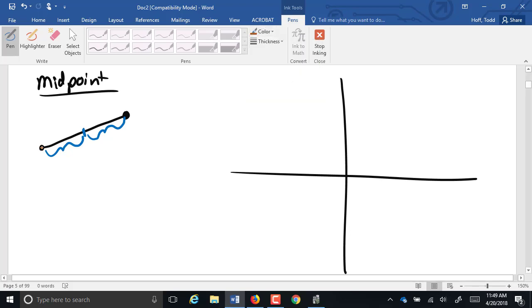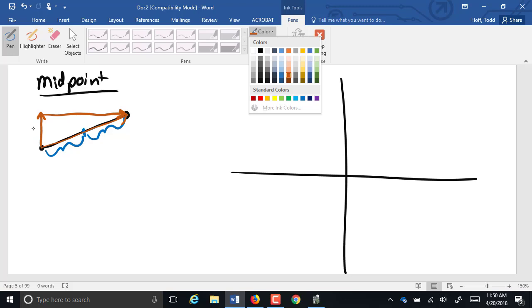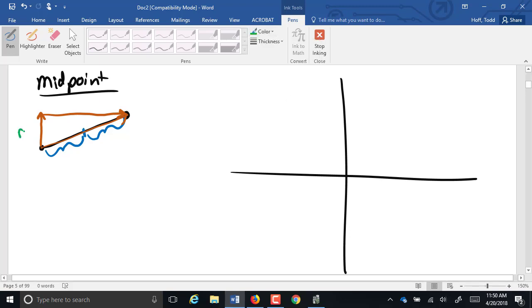If this were a vector going in either direction, we'll just go left to right for now. Its components, we'd have a vertical and horizontal component would look like that. Those components basically would be the rise and the run of that line segment.